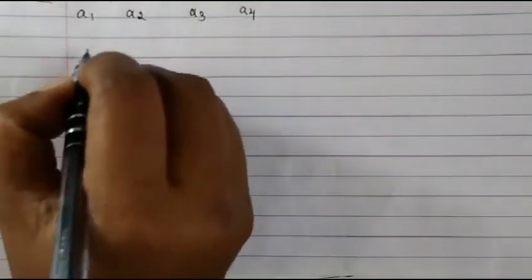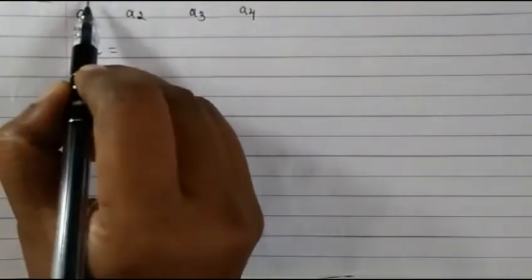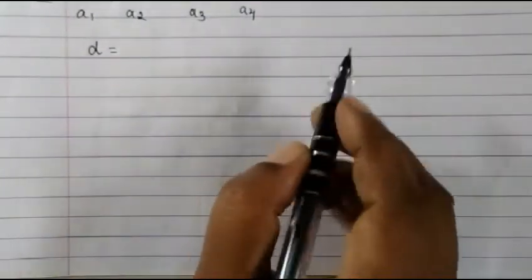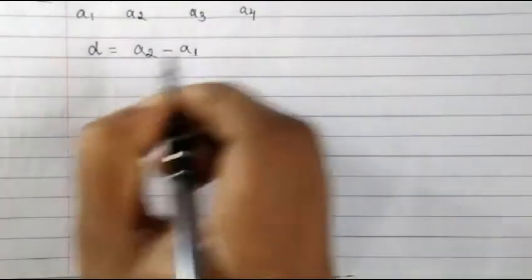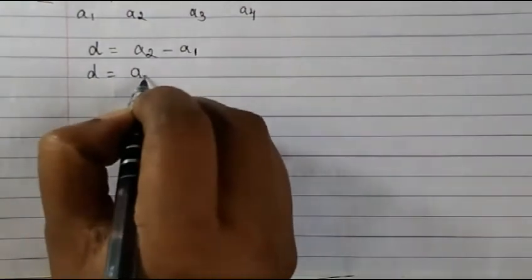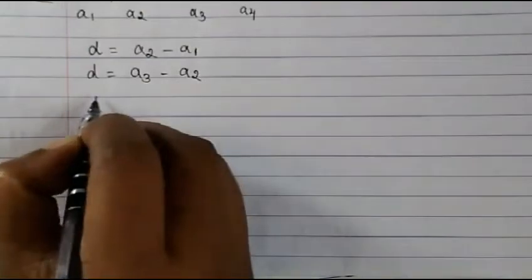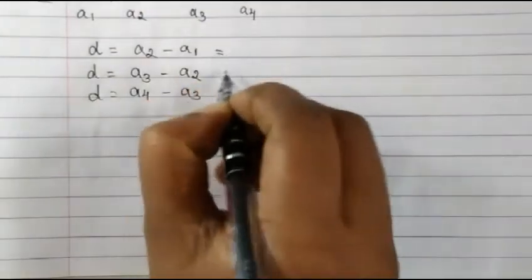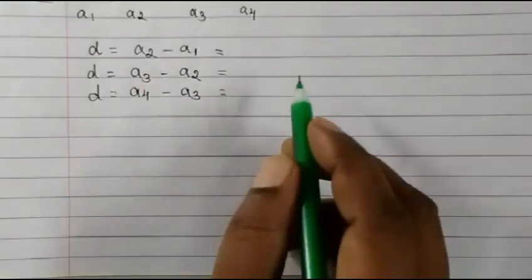To check that, we have to see the d value, that is from here minus this, from here minus this, and see whether the difference is the same or not. So a2 minus a1, a3 minus a2, then a4 minus a3. Let's see whether the d value is the same everywhere. If it is the same, then we say this forms an AP.